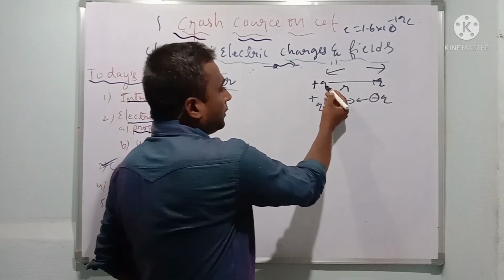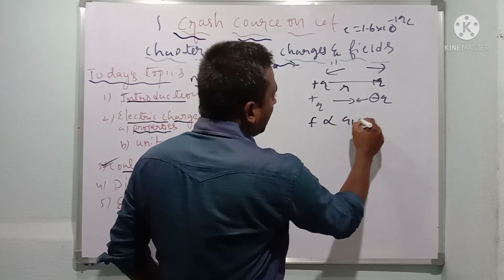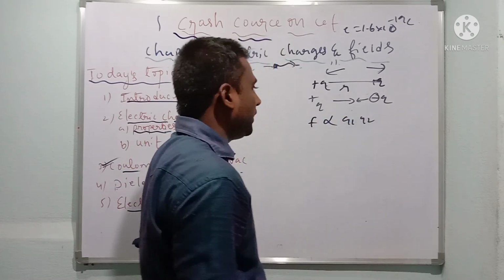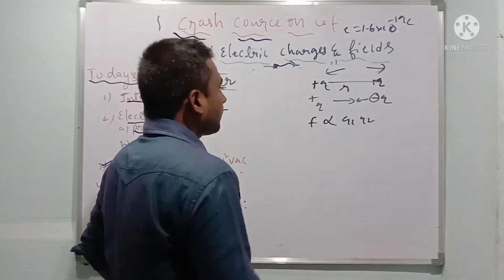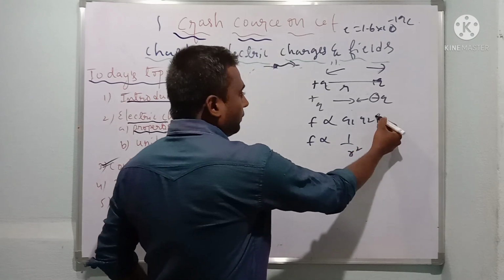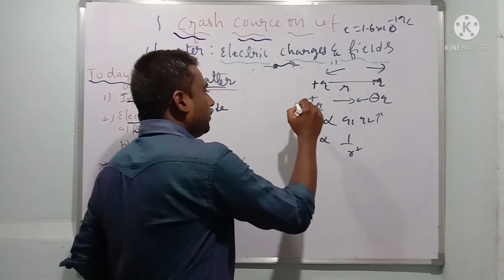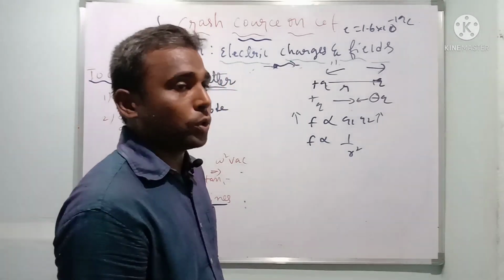So now children, this force is directly proportional to Q1 Q2. It is very similar to Newton's law of gravitation. Okay. Now it is inversely proportional to R square. If the magnitude of charges is more, the force of attraction or force of repulsion will be more.